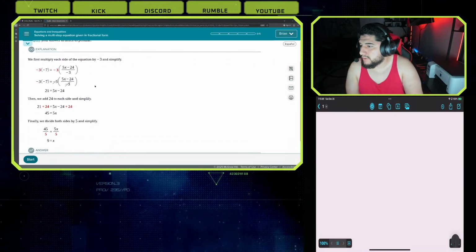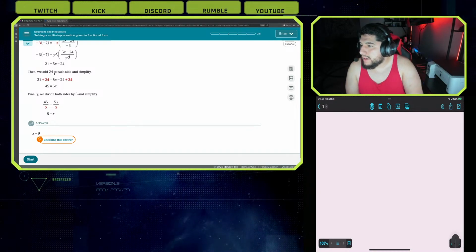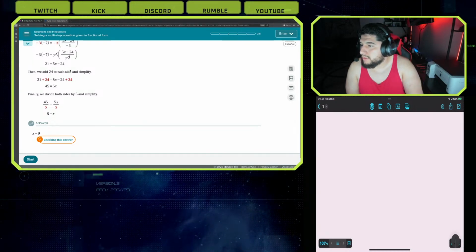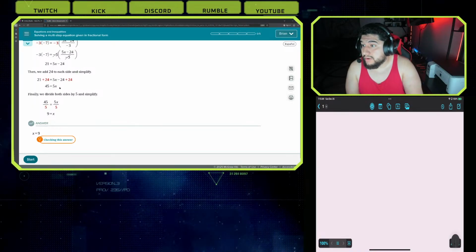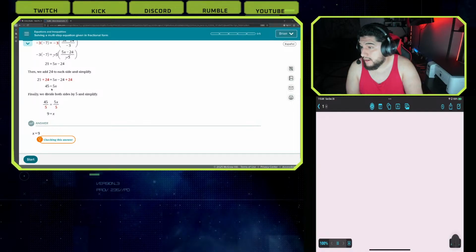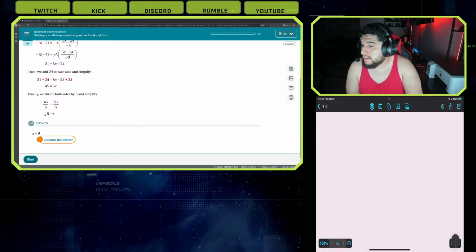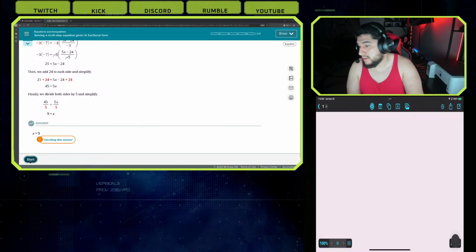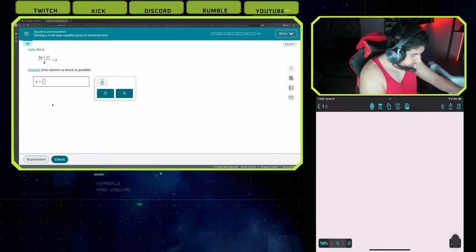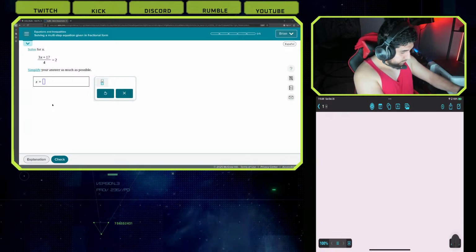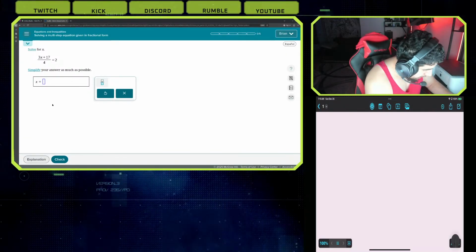So now we did the first step. 21 equals 5x minus 24. Then we add 24 to each side, so we get rid of the 24 on the right side. Then we get 45 equals 5x. Then we divide by 5. And then we get 45 divided by 5 equals 9. 9 equals x. Or x equals 9. Simple. Ish. If you guys haven't done it, it's not simple, but whatever.